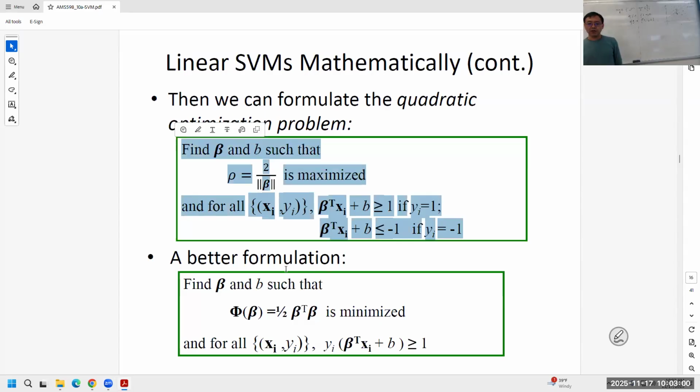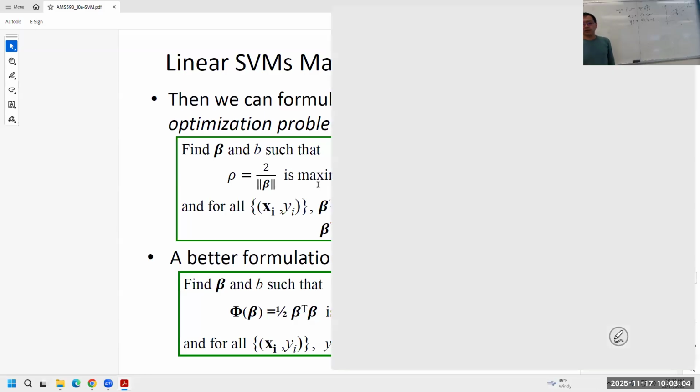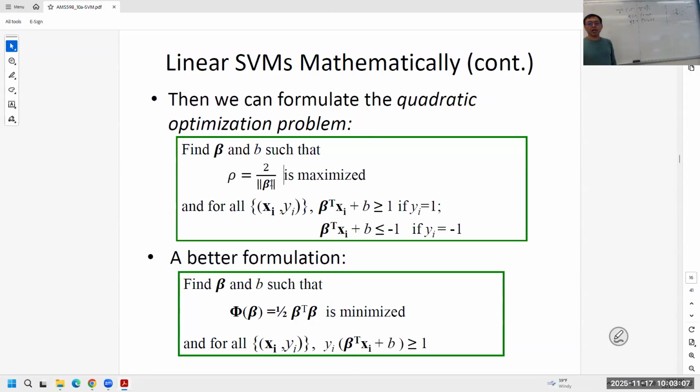Now what is down below here? This is a better formulation. Maximizing the margin, because the norm of beta is in the denominator, is equivalent to minimizing this quadratic form: minimize half of beta transpose beta. Remember the norm of beta is equal to the square root of beta transpose beta.